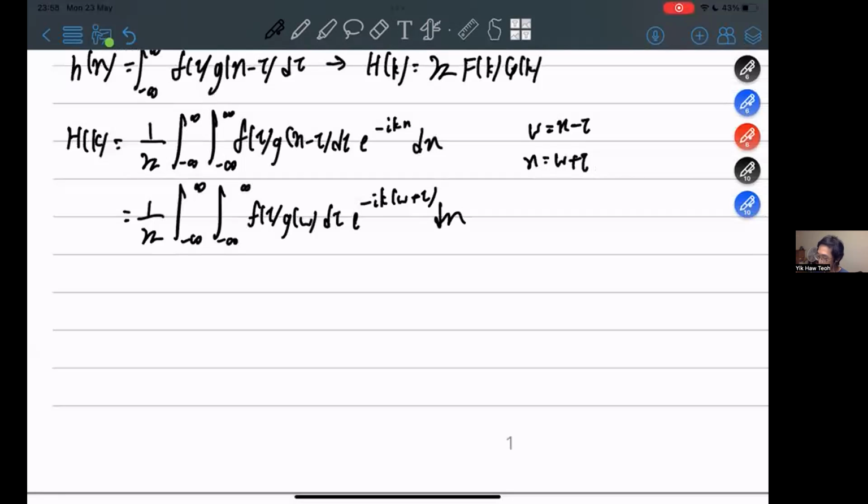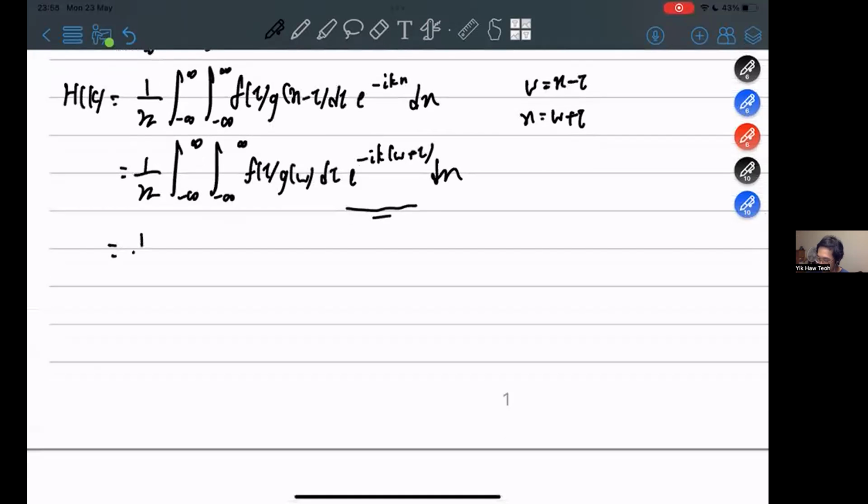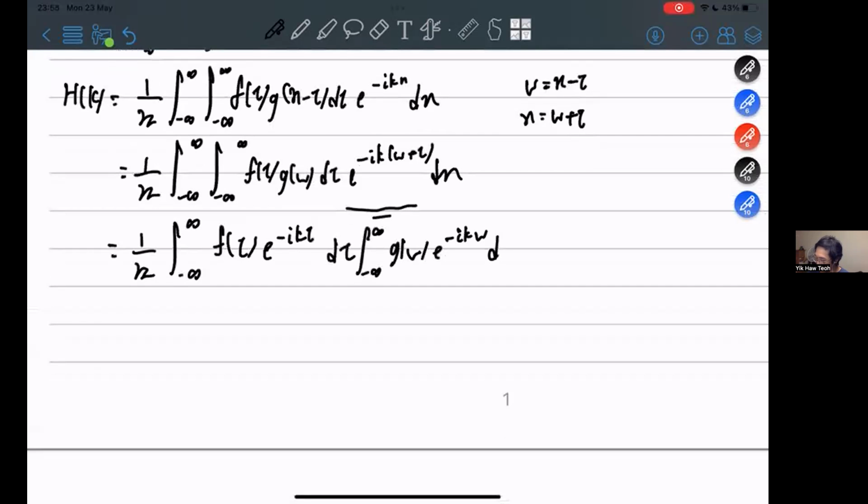The next thing we do is split this exponential term and group the terms together. So we get 1 over 2 pi, integral from negative infinity to infinity of f of tau, e to the negative ik tau, d tau, times the integral from negative infinity to infinity of g of w, e to the negative ik w, dw. Sorry, this one should have been dw because we have a change of variables.